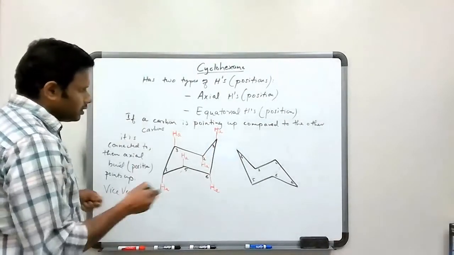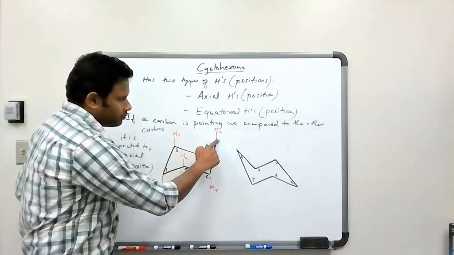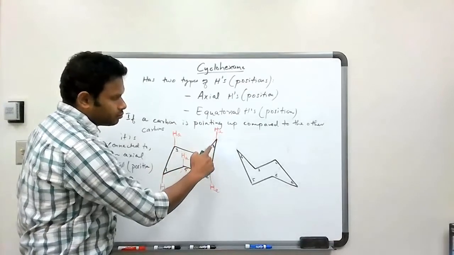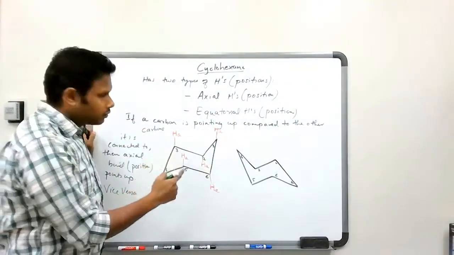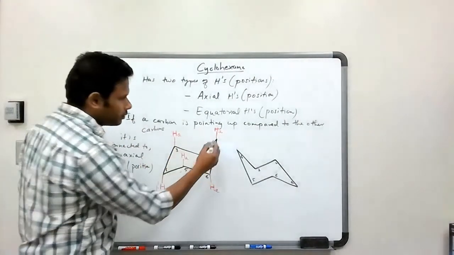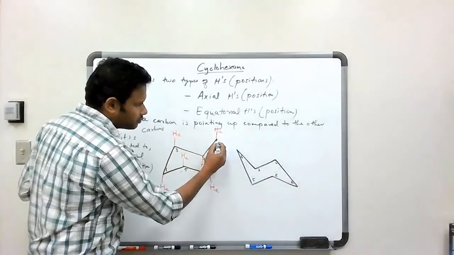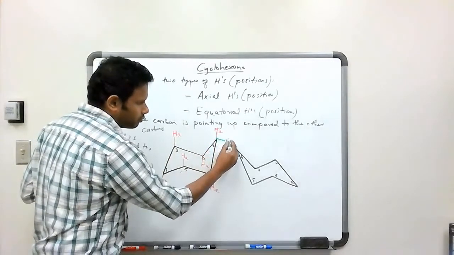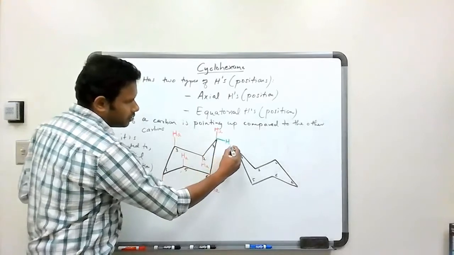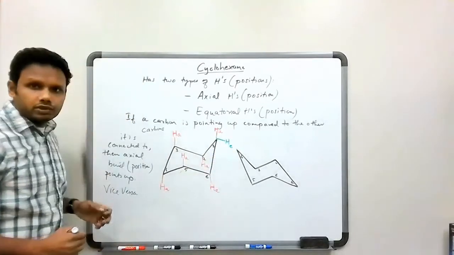And then for a carbon where the axial position is pointing up, the equatorial position points down, but not completely down, okay? So if the axial is pointing up, then the equatorial points down, and then we can draw the equatorial position there.